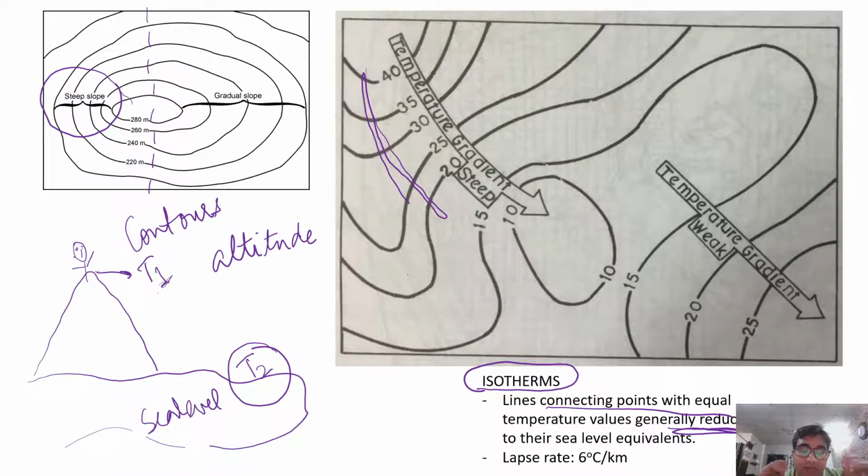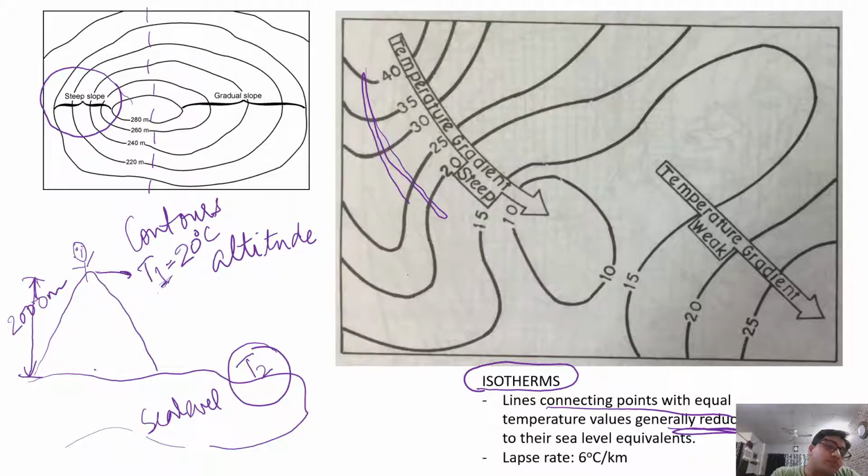And how is this done? Say, for example, this temperature T1 is 20 degrees Celsius, and the height over here is, let us say, 2000 meters, and T2 is the sea level.